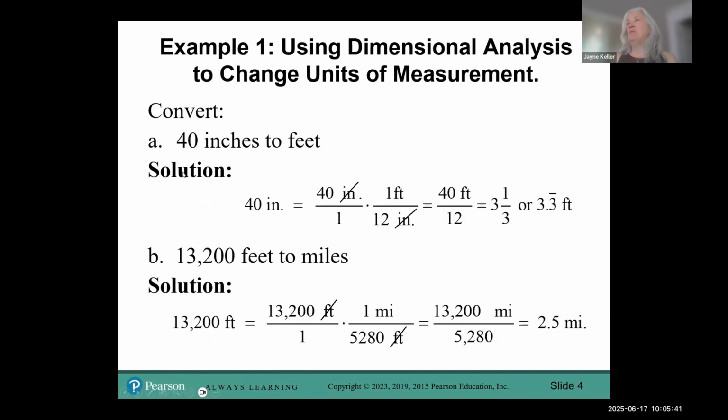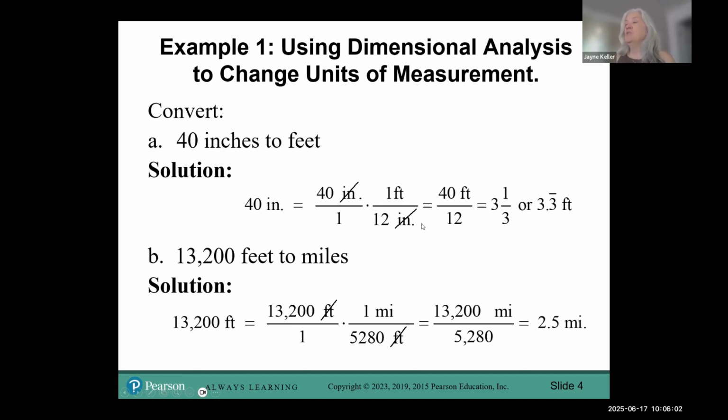Okay, and we did an example of that. Here's a couple more examples. So converting 40 inches to feet. Now, in this case, I'm converting inches to feet, so I'm going to flip that fraction. And this time I want the feet in the numerator and the inches in the denominator.